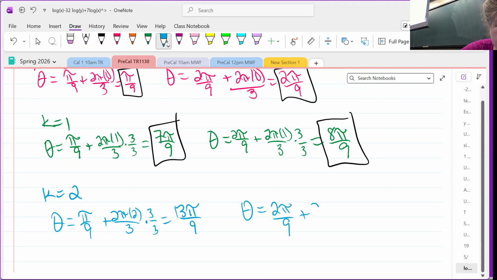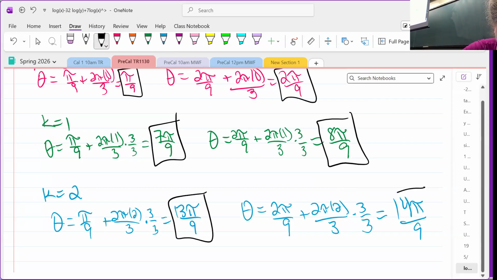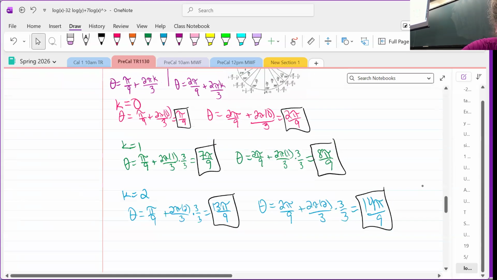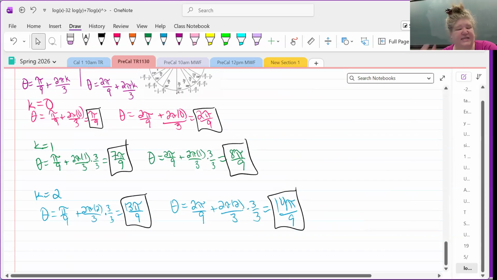And then 2 pi over 9 plus 2 pi times 2 over 3 times the 3 over 3, 12 pi over 9 plus 2 more pi over 9 is 14 pi over 9. So all 6 of those are the solution to this equation.